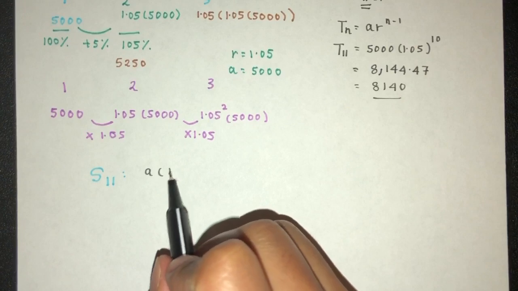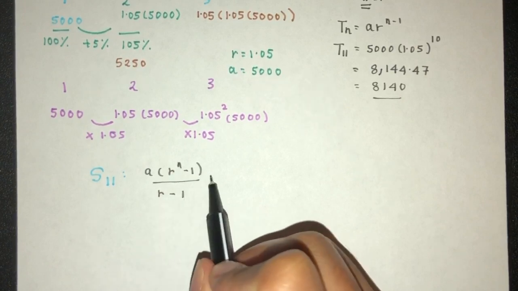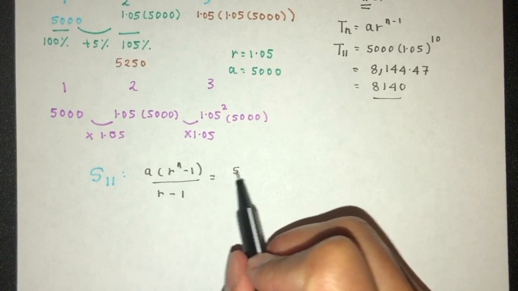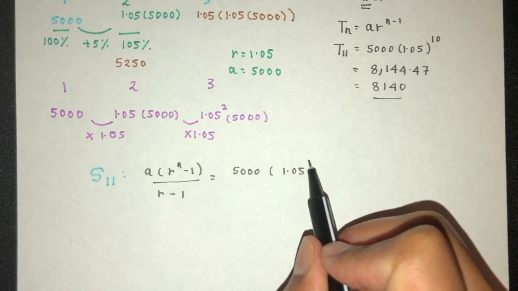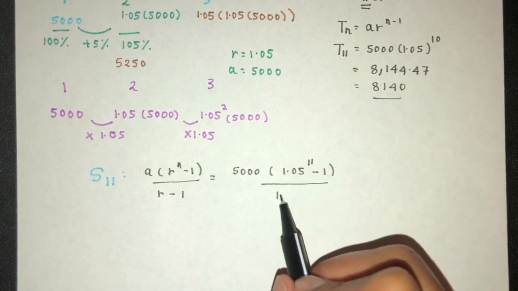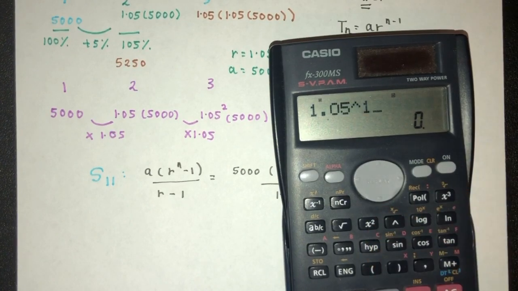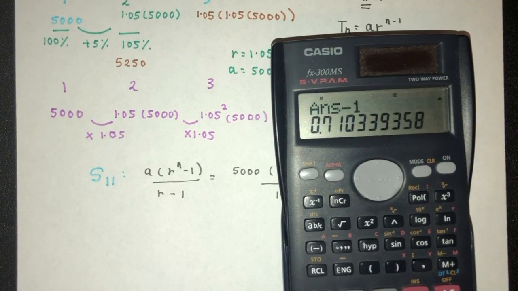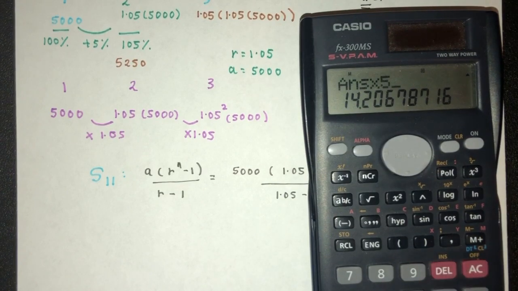then we can take r to the power n minus 1 over the value of r minus 1. That will be: a is 5,000, r is 1.05, so 1.05 to the power 11, minus 1, over the value of 1.05 minus 1, times 5,000.